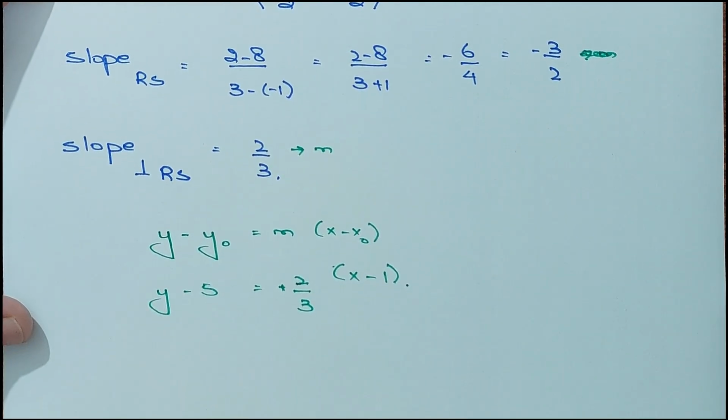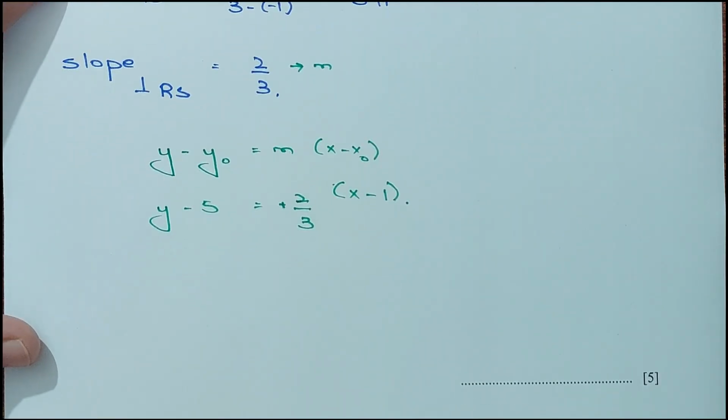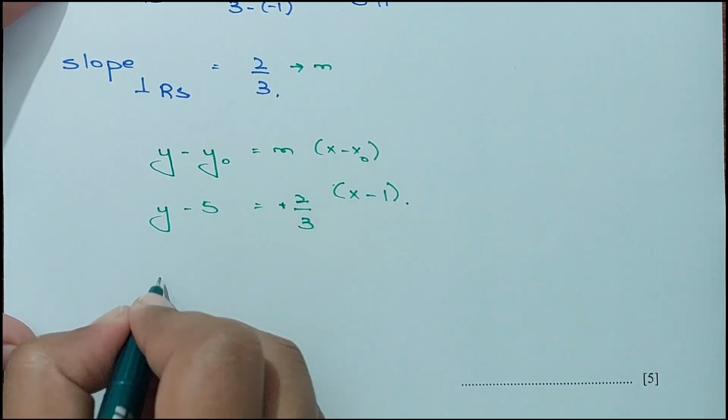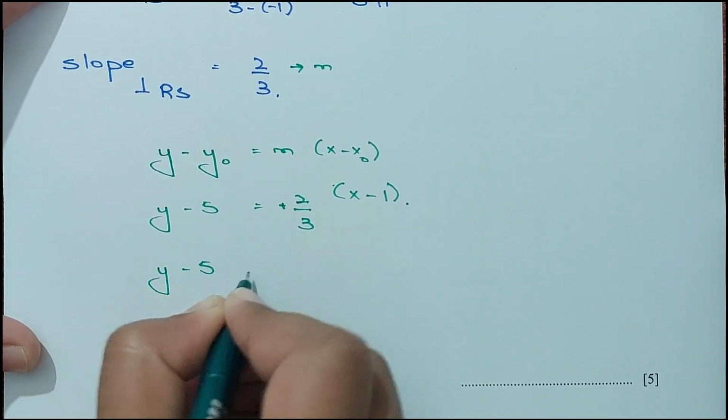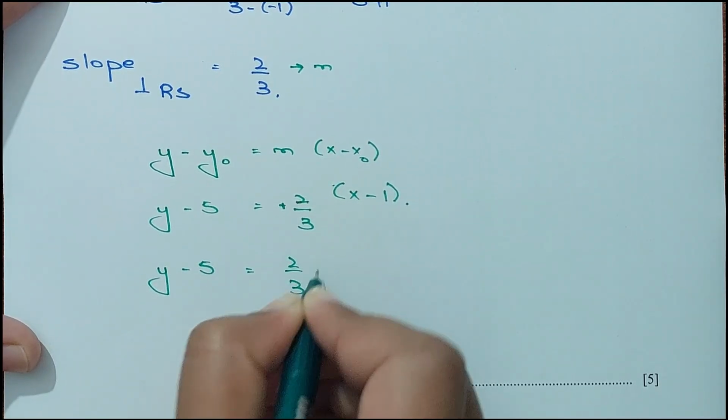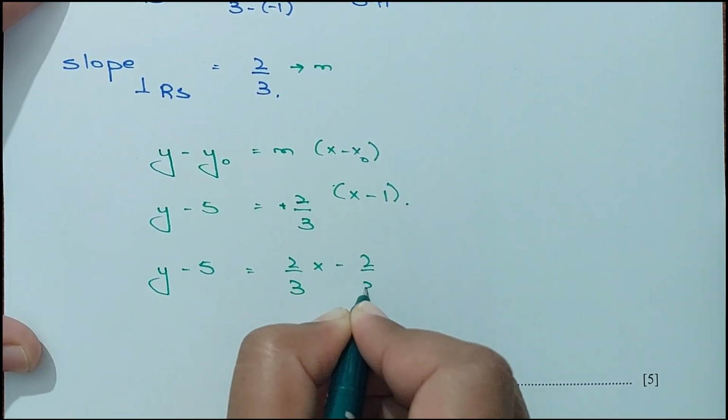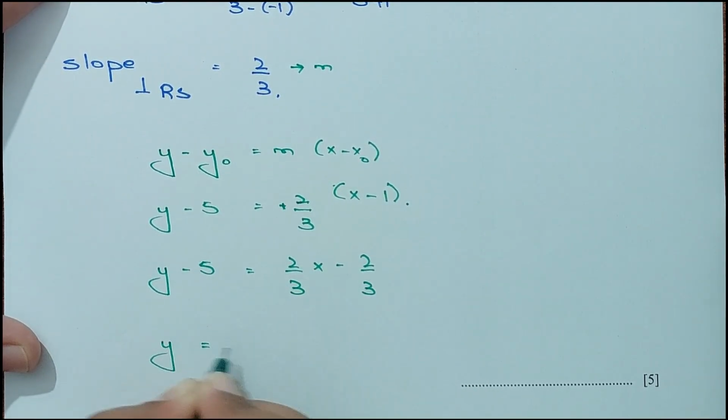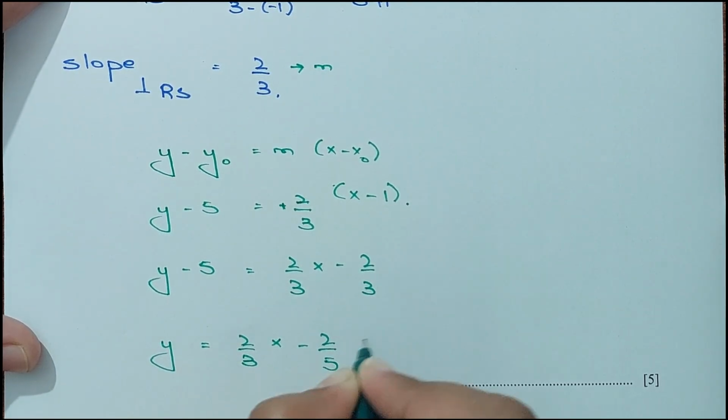Let me find out the equation in simplest form. This is also okay, or you can also simplify this. So y minus 5 equals 2 by 3 x minus 2 by 3. So y equals 2 by 3 x minus 2 by 3 and plus 5.